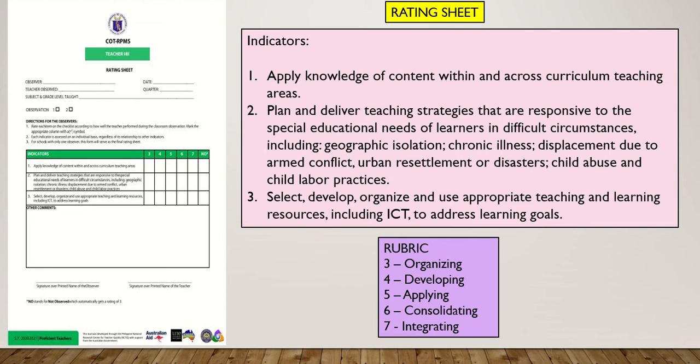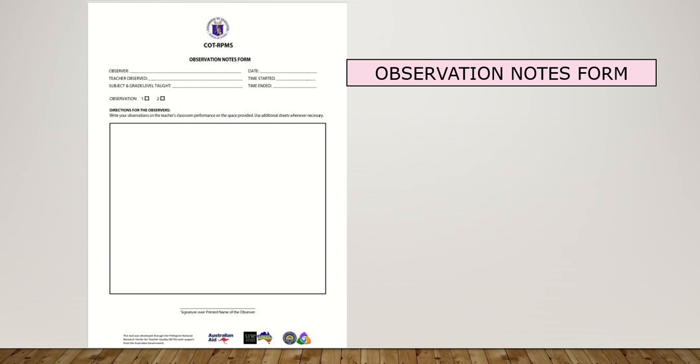These objectives are the rubric to be used in rating the teacher: 3 for organizing, 4 for developing, 5 for applying, 6 for consolidating, and 7 for integrating. We also have this form, the observation notes form.